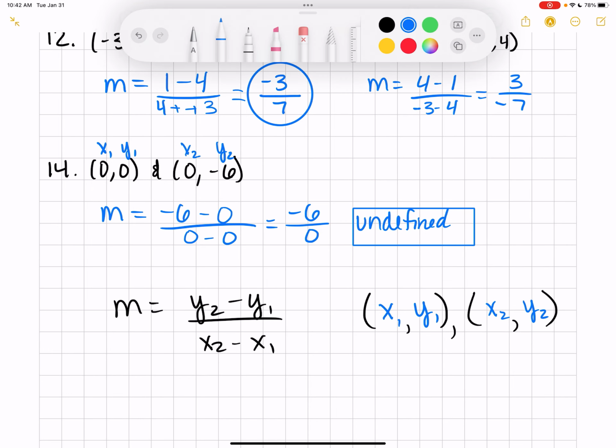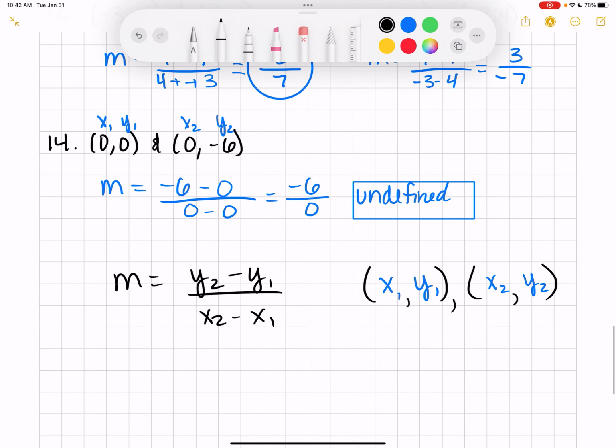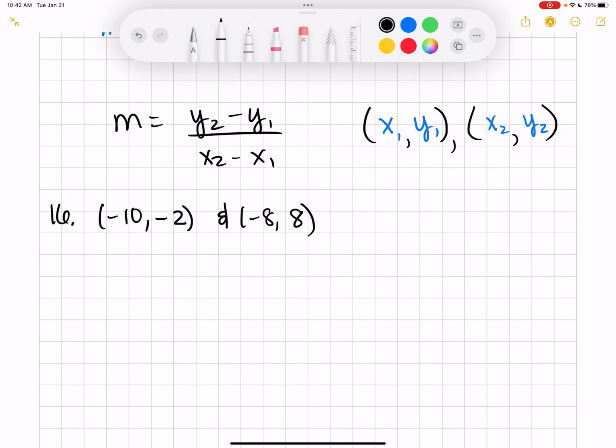All right, let's try this one on your own. We're given the points -10, -2 and -8, 8. Use the formula here and try that one, and then we'll go over it in just a second.